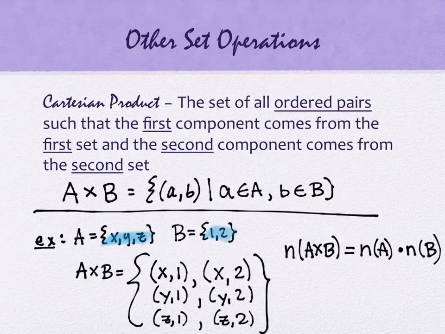But if the question simply asks you how many, what is the number of items in the Cartesian product, you don't necessarily have to list all the pairs to find that out. You just have to count the items in the individual sets and multiply them. So just beware of what the question is asking. The difference is the N at the front. N means number of. Is there one of those present? If so, then they only need the number. And if there isn't, then they want all of them listed. Okay? Any questions so far?